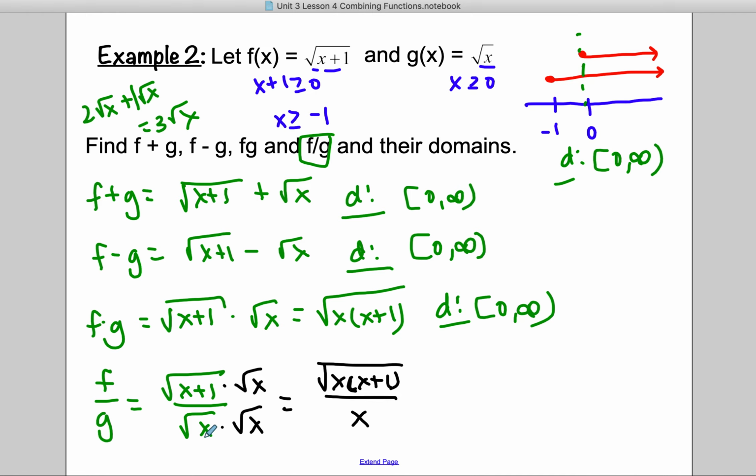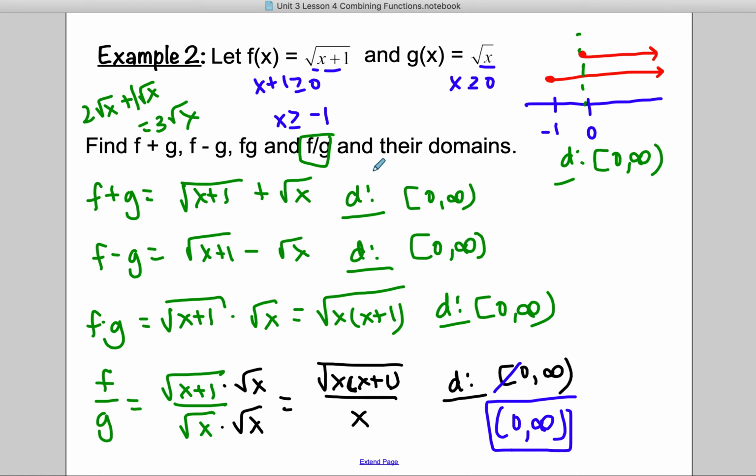Do you guys see how I now have just an x in the denominator? So can x actually equal 0 in this case? Can I plug 0 into this function? No, you cannot. So a lot of people typically leave it all the same, but this is wrong. This cannot be equal to 0. So the actual domain is parentheses 0 to infinity.